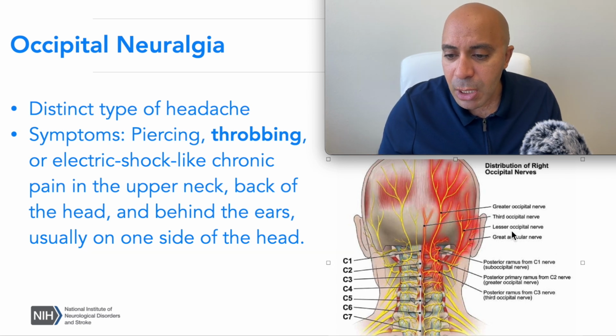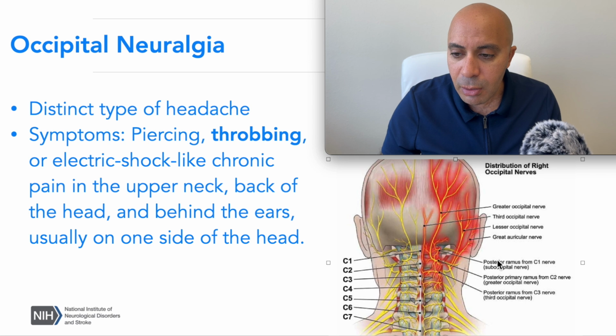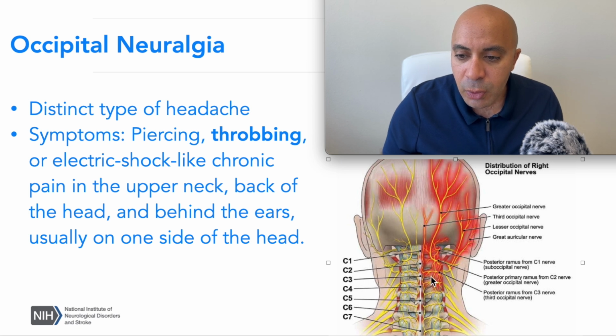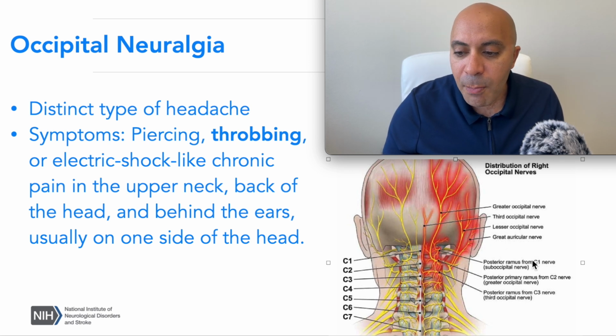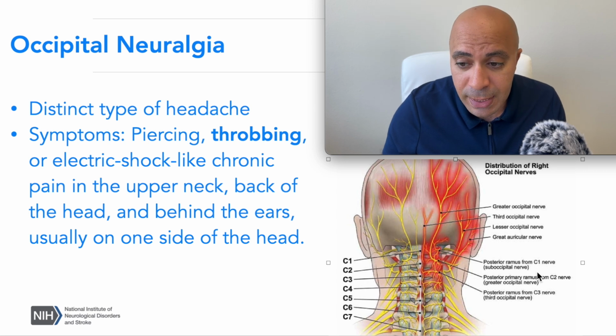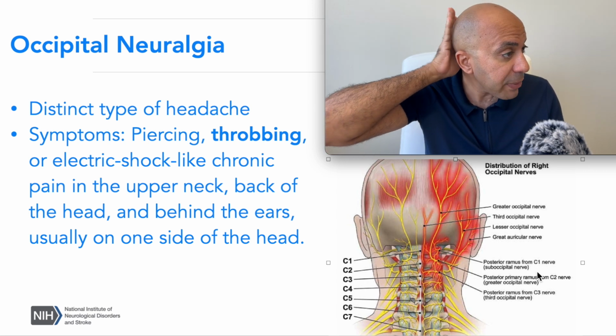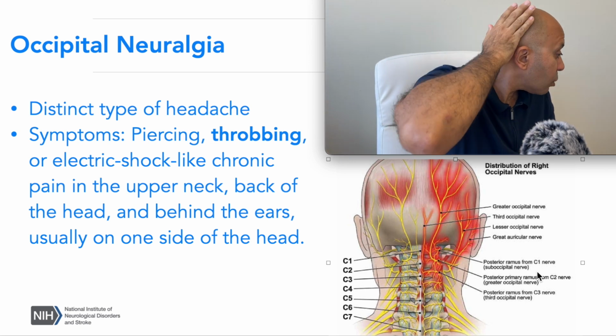As you see in this image here, you have the occipital nerves, C1, C2, and C3, located in this area right underneath the skull, that distribute nerve sensation to one side of the head. When you have occipital neuralgia, something is compressing one or a combination of those three nerves, causing the sharp shooting pain going in this direction.